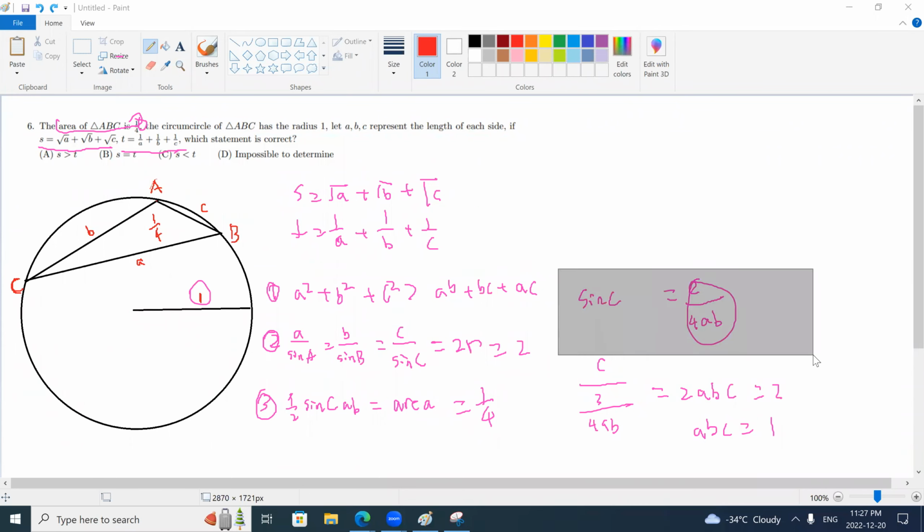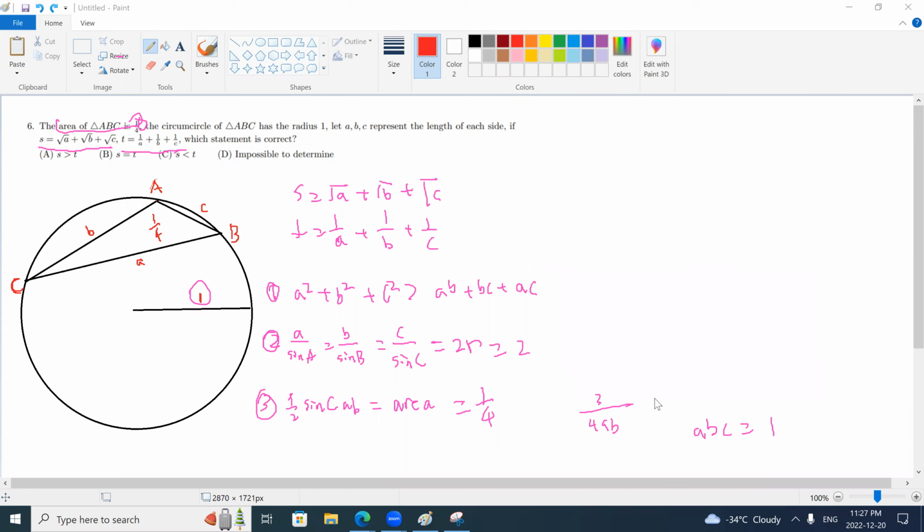Now how can we use this to the full advantage? We will definitely need to use this.